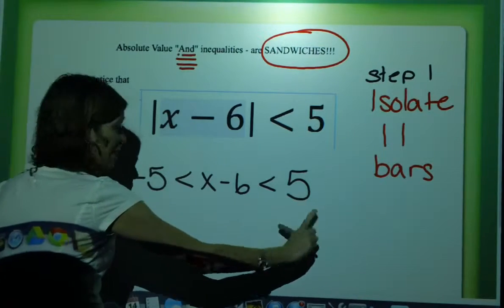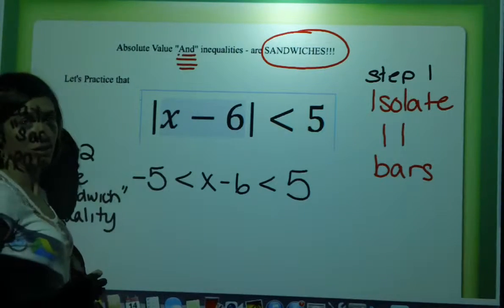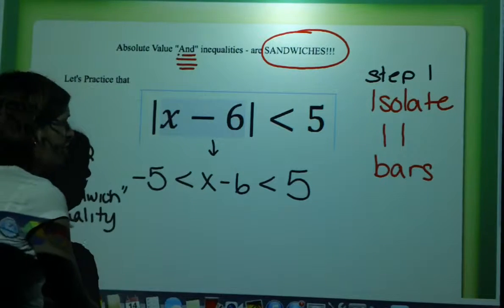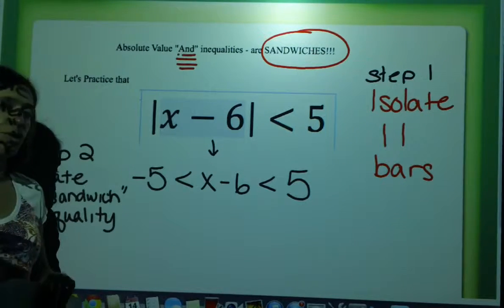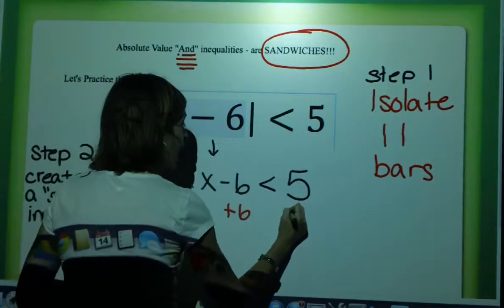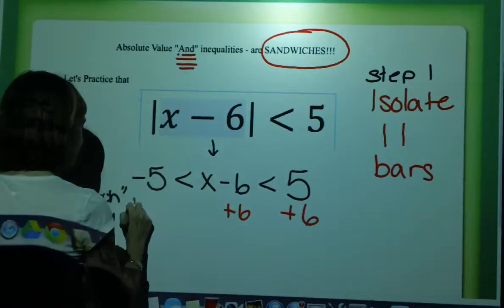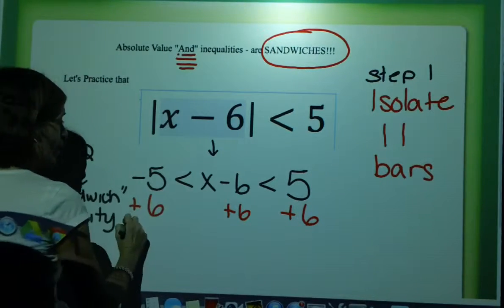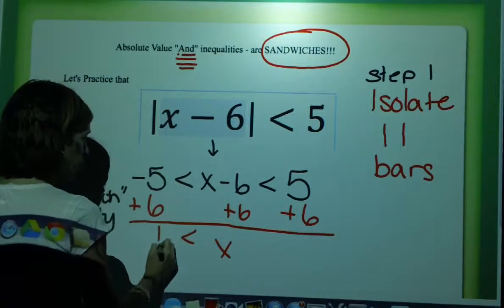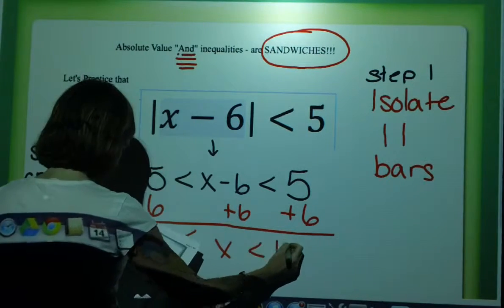So I took the 5 and I put negative 5 on the other side. So I've created an and inequality, and then we solve it just like we would with a regular compound inequality. So we are going to add x, solve it simultaneously, okay? All right, and we get x is greater than 1 and less than 11.